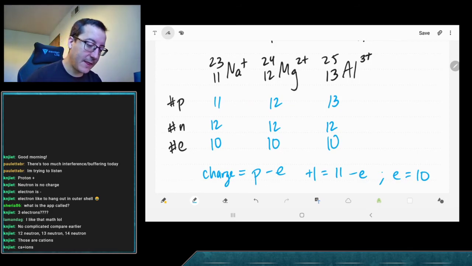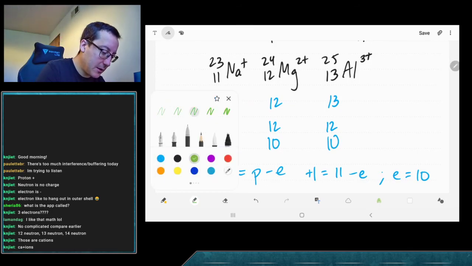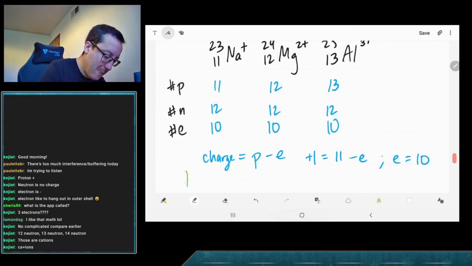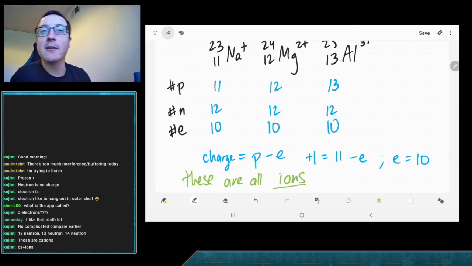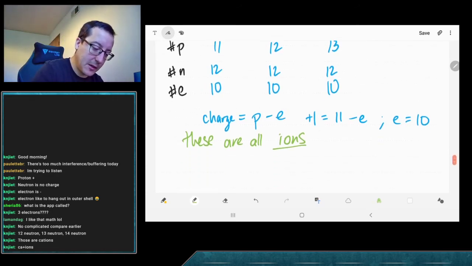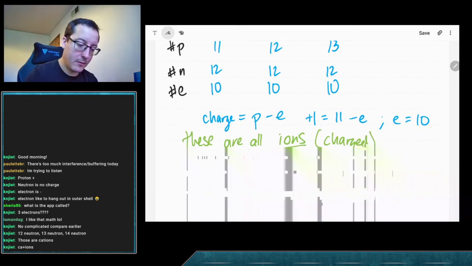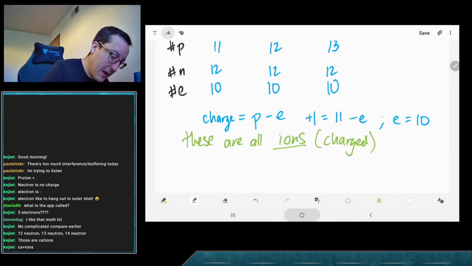And so looking at this now, I'm going to tell you these are what are called ions. Ions just means charged. And we have special names.